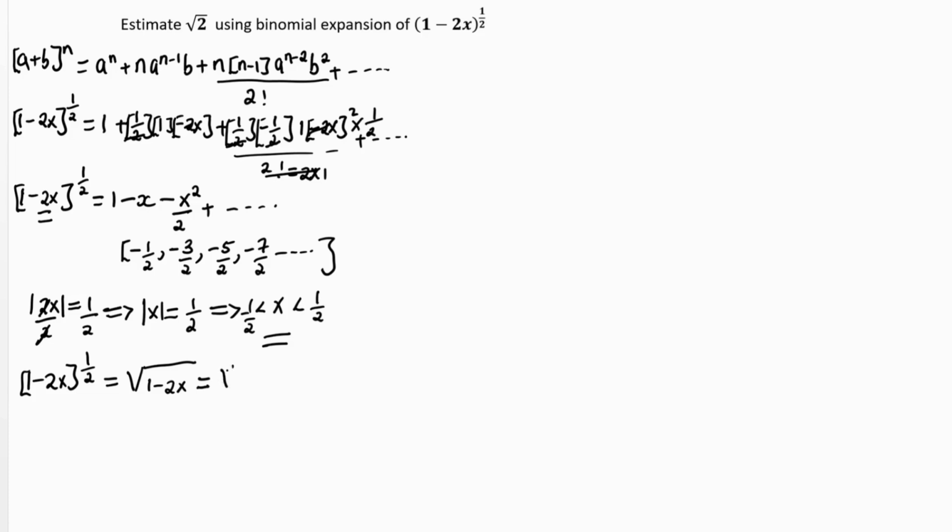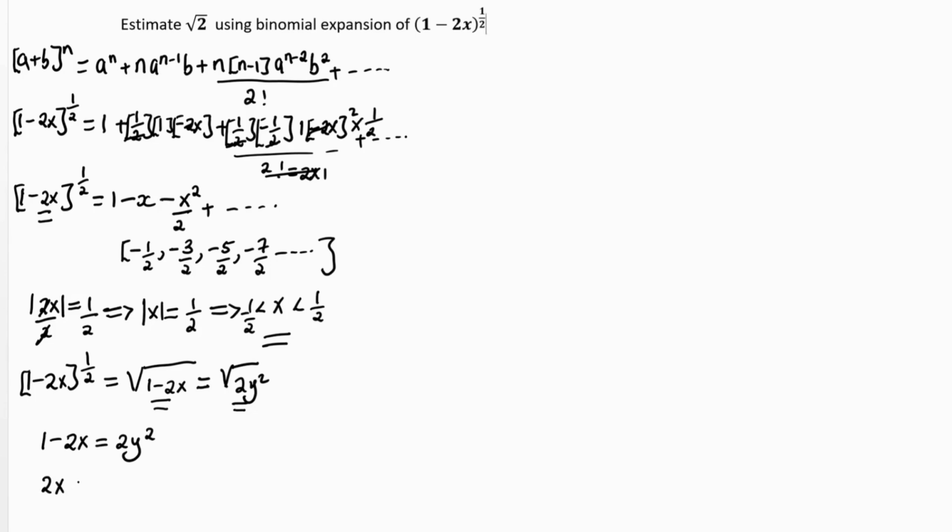Therefore, for us to estimate root 2, we multiply by root of 2y squared, right? So we're going to compare what is in the root. That is 1 minus 2x. We compare to 2y squared. Therefore, 1 minus 2x equals 2y squared.